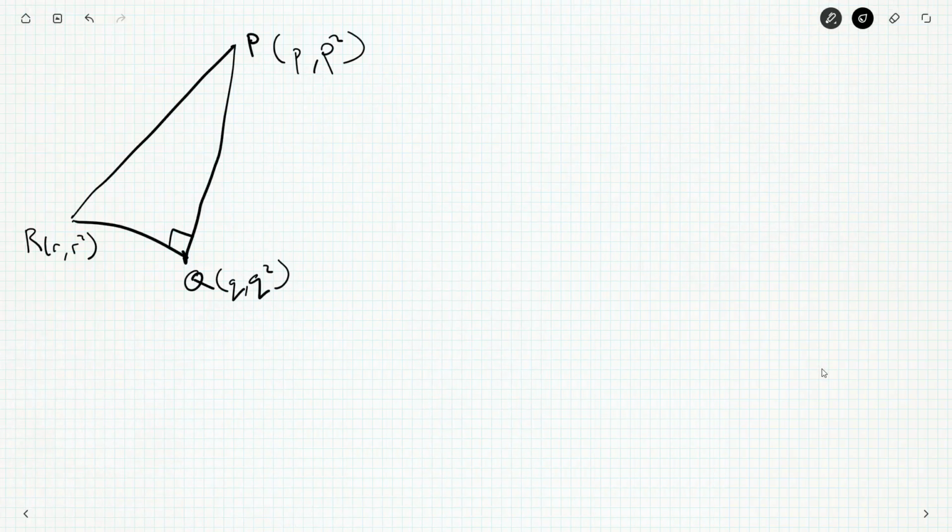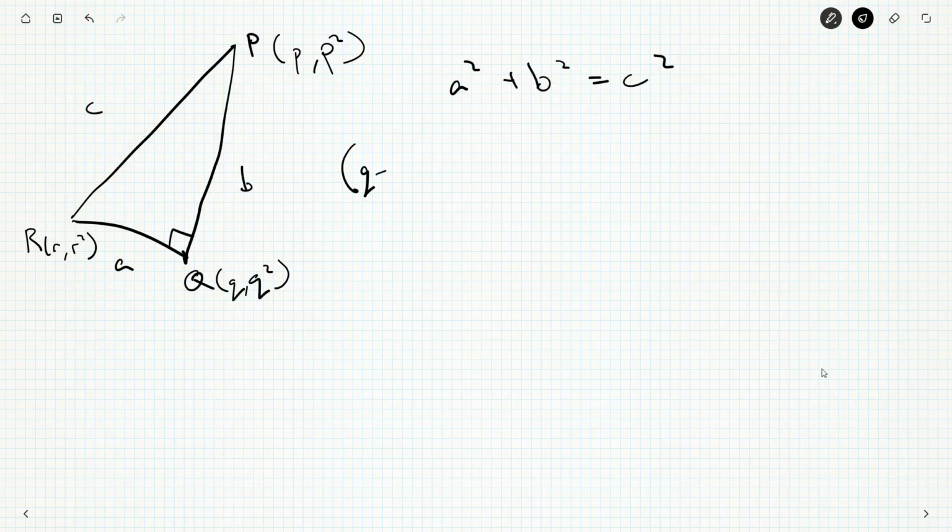Okay, so we've got these points, and we claim we've got a right angle. I'm going to avoid the slope because I want to say, let these sides be A, B, and C. So A squared plus B squared is equal to C squared. But, and I'm going to go a little faster because I'm not explaining this, I'm just going to explore. A squared is the difference in x coordinates and y coordinates squared and added together.